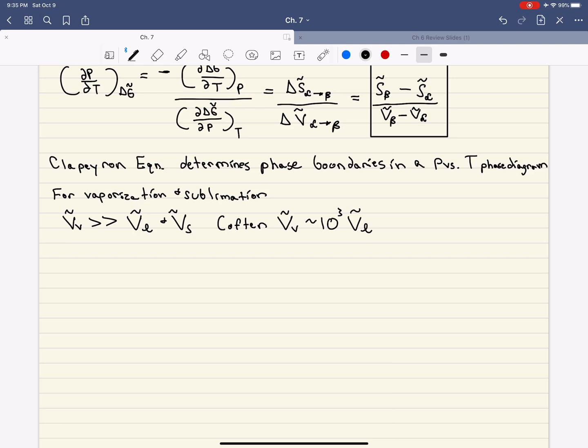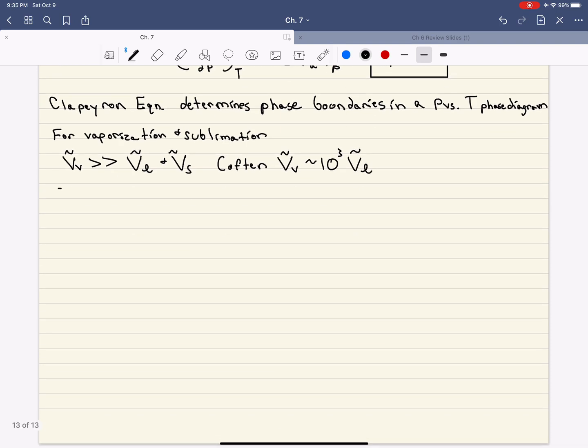Okay? All right, if we take a look at melting transitions, going from the solid to the liquid, the delta V between the liquid and the solid phase is pretty small. Or in other words, for most chemicals, the densities of the liquid and the solid phases are pretty close to one another.